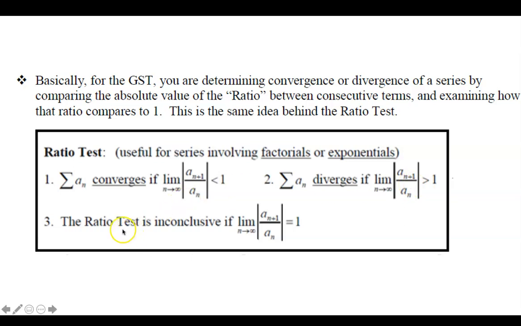The ratio test is considered inconclusive if that limit is equal to 1. Why the absolute value? I'm not worried about whether it's positive or negative. I'm only worried about the magnitude. Do the terms get bigger in absolute value? Do they get smaller in absolute value? That'll tell me what I need to know.